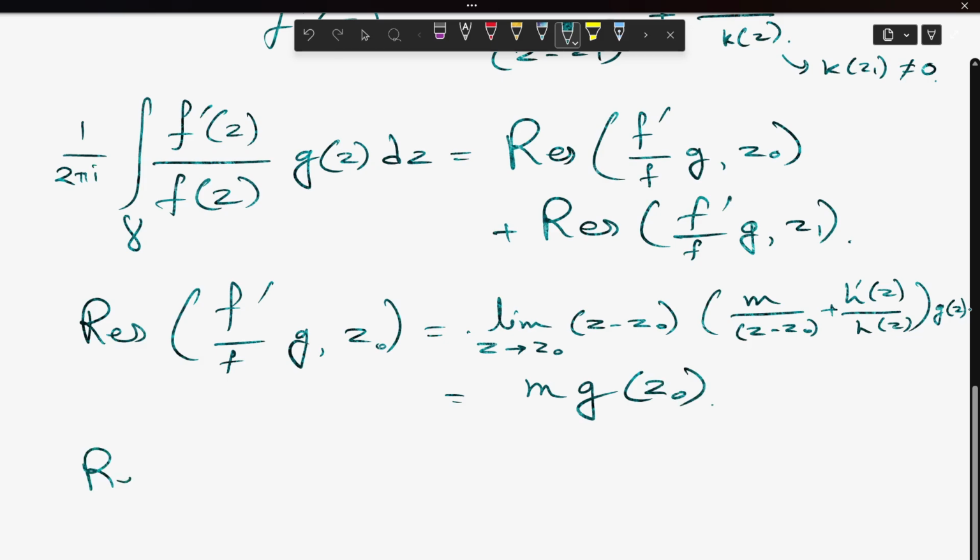Now for the second part, we get the second residue, which is f dash by f into g at z1.